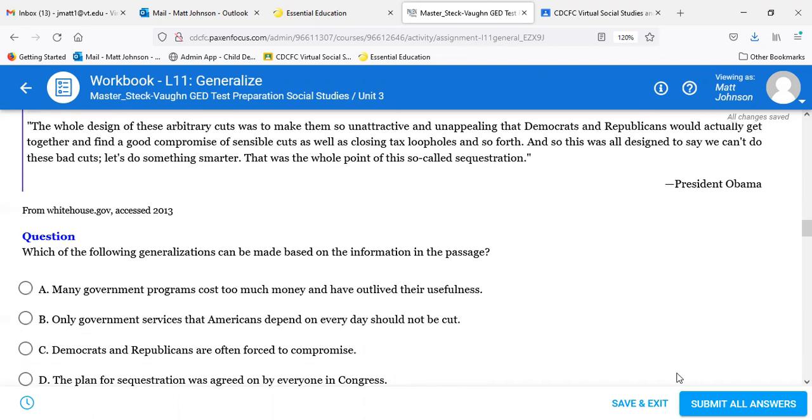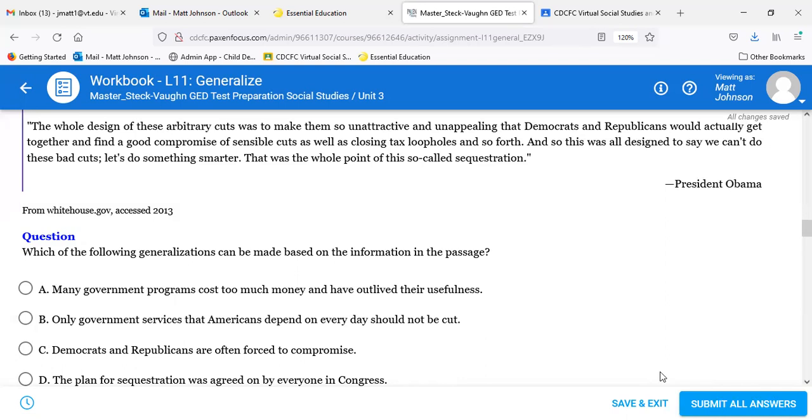Then question 3. Grace, you want to read question 3? Yes. Which of the following generalizations can be made based on the information in the budget? A. Many government programs cost too much money and have outlived their usefulness.